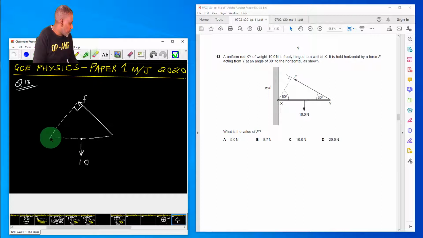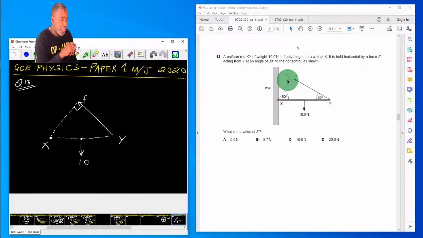I would want to take moments about this point, because that would be the best choice. So you can take moment about any point here. This point, this point, this point, or even this point. The choice of the point about which you take moments is determined by the forces which you want and which are known.